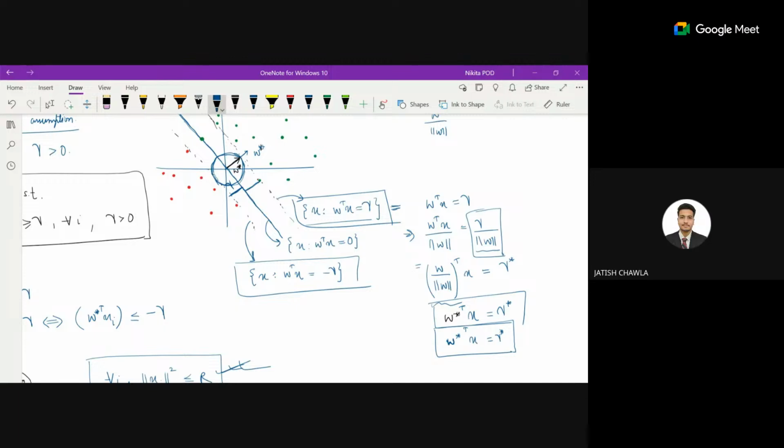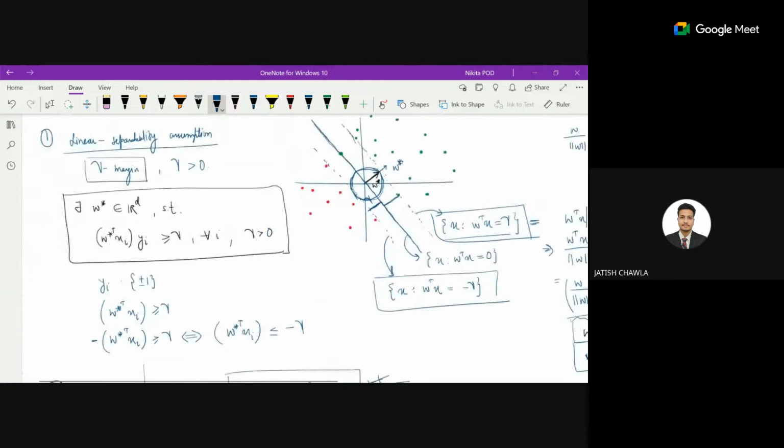So if we say that gamma is always greater than zero, always positive, there will be no case that a data point is lying on the decision boundary. So we can assume that. This gamma margin is making sure that there is no point lying on the decision boundary.